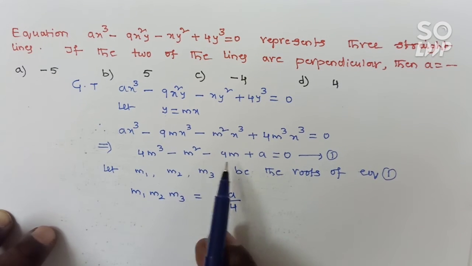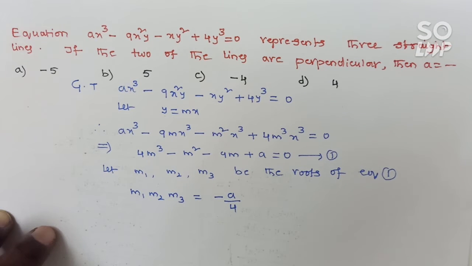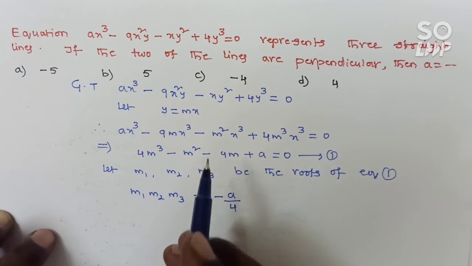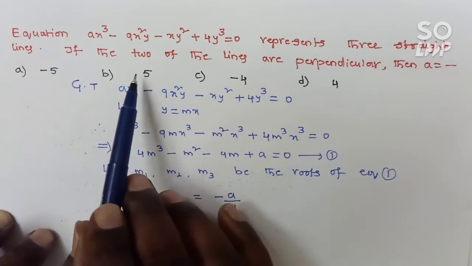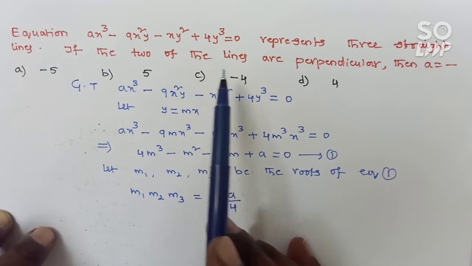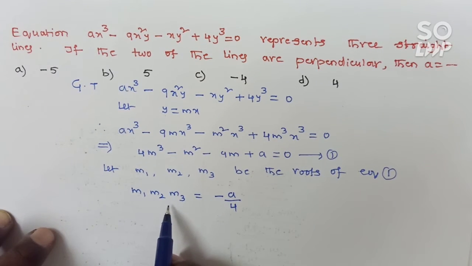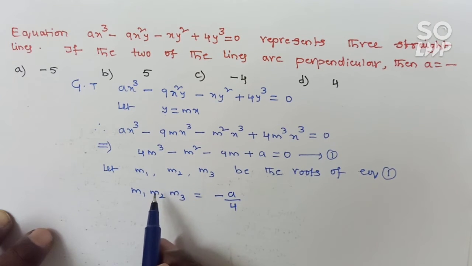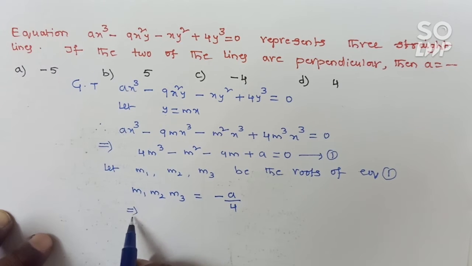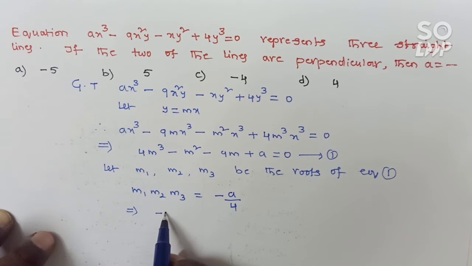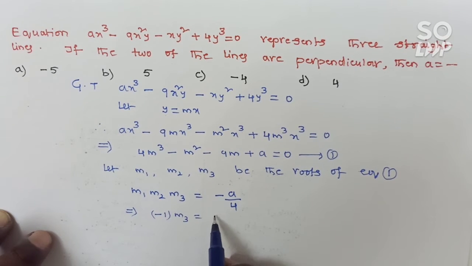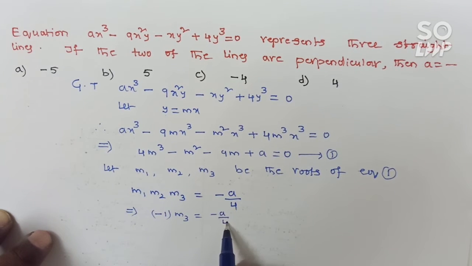We know already from the given statement that two of the lines are perpendicular. Two of the lines are perpendicular means the product of the two slopes will be equal to minus 1. That implies minus 1 into m3 equals minus a by 4.